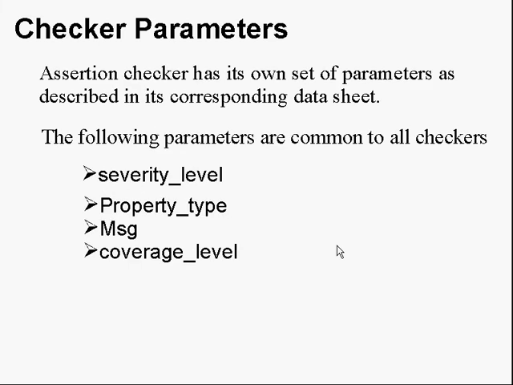A combinational property defines the relations between signals during the same clock cycle. But a temporal property describes the relation between the signals over several cycles, possibly infinitely many.